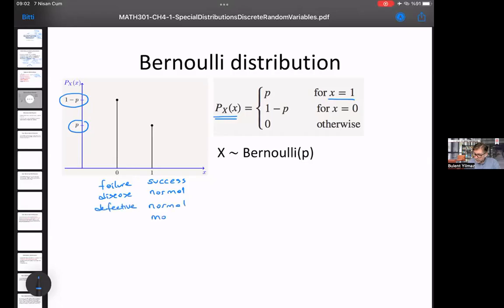Okay, male, female. All of them are binary situations, like 0 or 1, failure, success. So one of them has a probability. For example, I have a classroom and 30% of the classroom is comprised of female students.